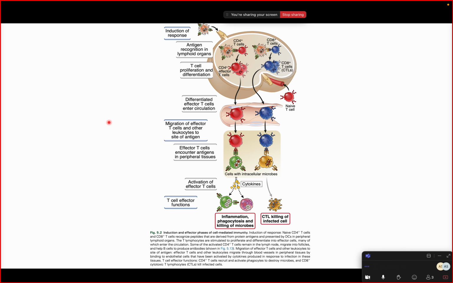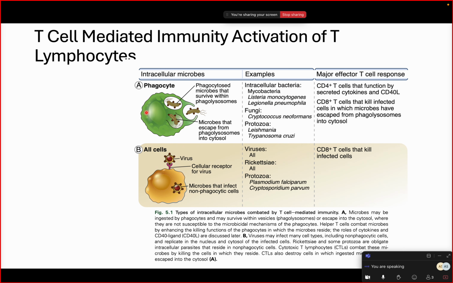Imagine this is a secondary lymphoid organ and a cell has come. There can be two types of cells: first, a cell in which the microbe was there, which has escaped the phagolysosome, and then another cell which has been directly infected by the virus.